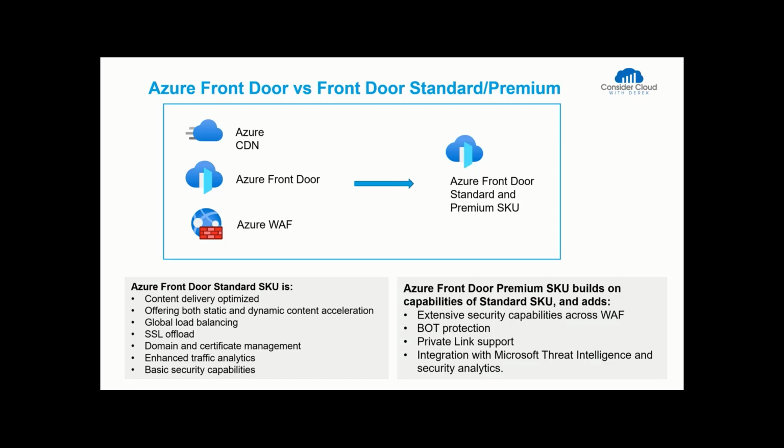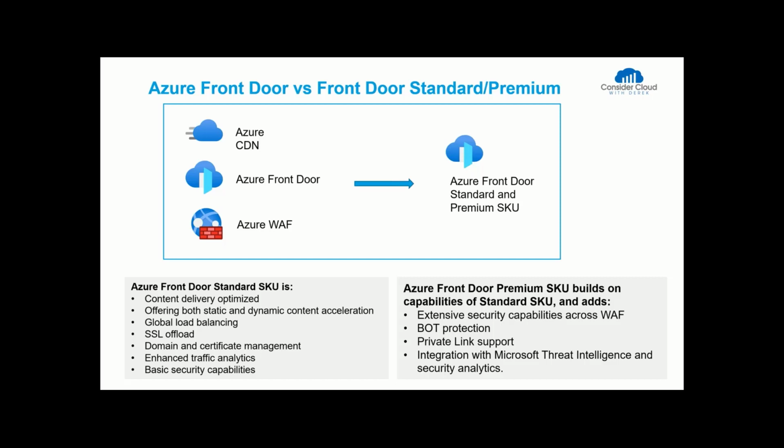So if I want to place a private endpoint, say on my Azure App Service, or my Azure Kubernetes cluster, or my Azure virtual machine, or whichever backend service I'm using, I can do so. And my Azure Front Door premium SKU can still communicate with that service.